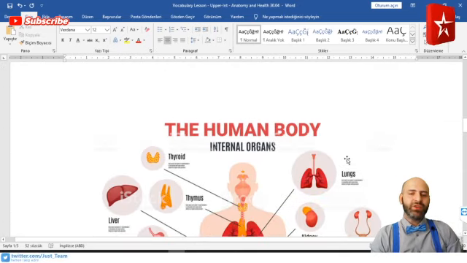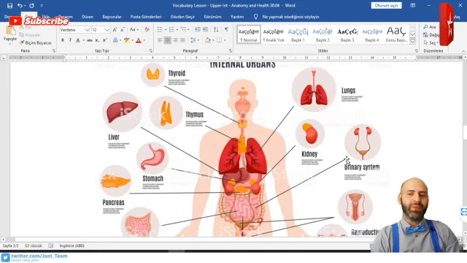Okay, now we should learn the internal parts of the person. The first thing that you see internally is thyroid over here on our neck. Then if you continue a little bit down, you will see the thymus. Okay, and one more thing that you need to know is the lungs.